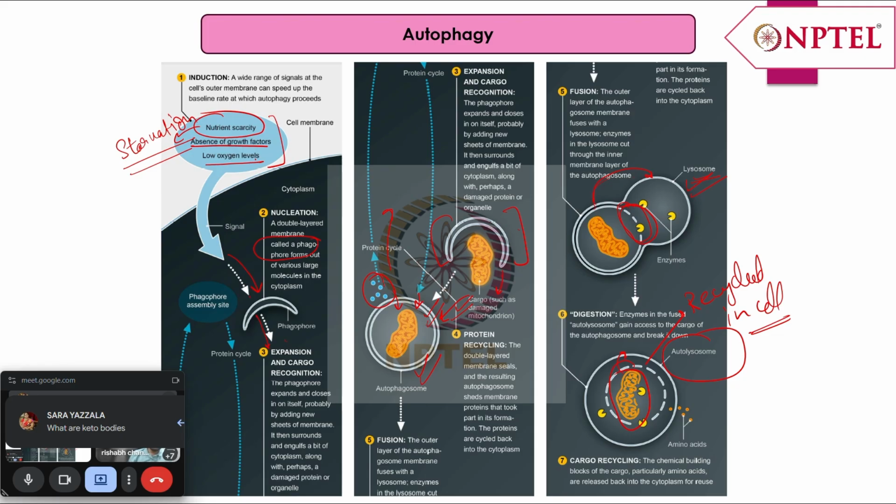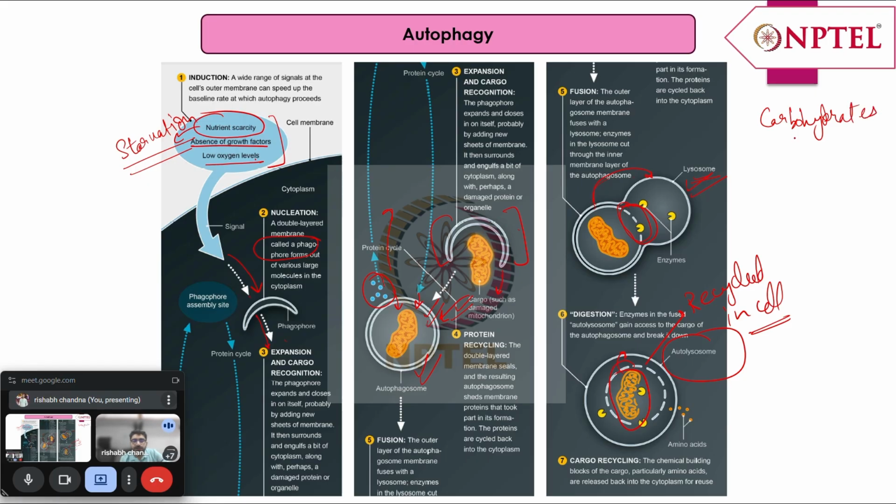So ketone bodies are basically an undigested form of lipid, in simple terms. Whenever we go for starvation, first there is a sequence of molecules that are degraded. Carbohydrates are the major form of energy, right?